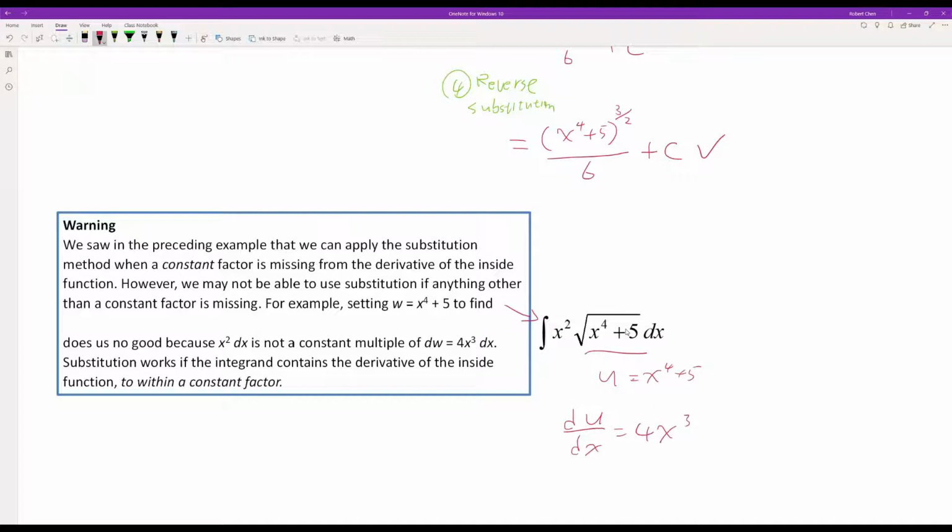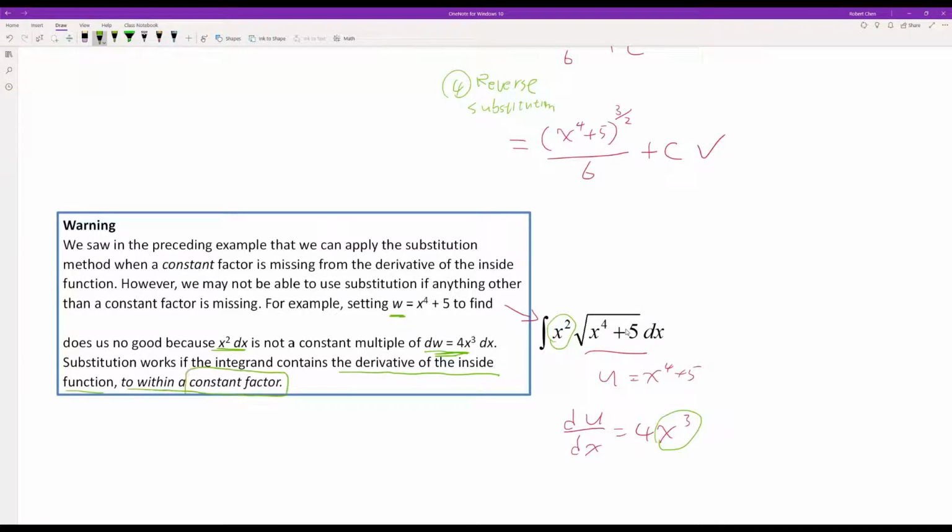Now, in this case, notice that we only have x squared in the integrand, but we need an x cubed, right? So it's no good because x squared is not a constant multiple of du, or in this case, dw. They're using w now. Substitution works if the integrand contains the derivative of the inside function to within a constant factor.